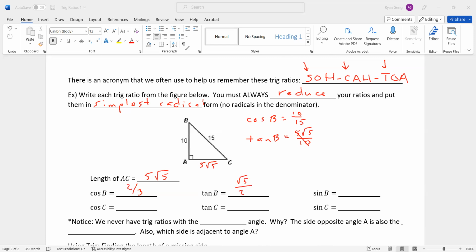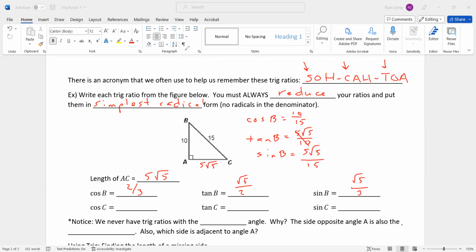The sine of B is opposite. So 5 radical 5 over the hypotenuse, which is 15. And again, I can reduce that. That's the square root of 5 over 3.